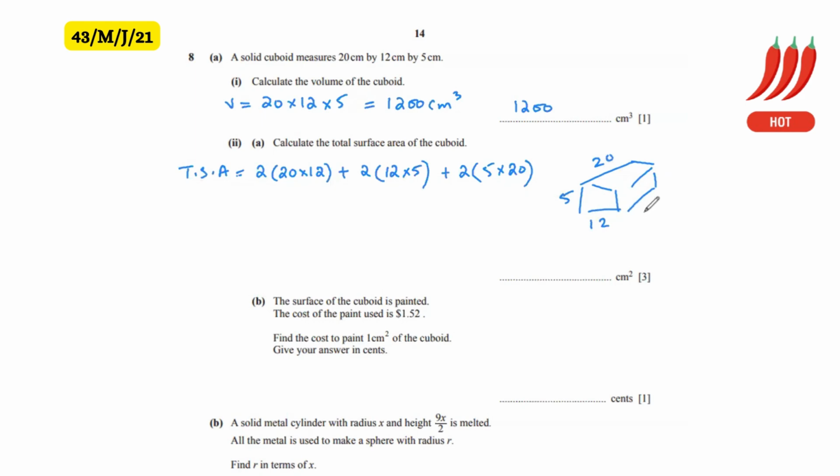So bottom part would be 20 times 12 twice, then front and back 5 times 12 twice, and then your left and right, that's going to be 5 times 20 twice. So that's going to give us 800 centimeters squared.